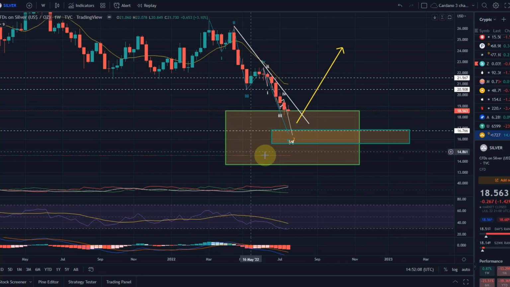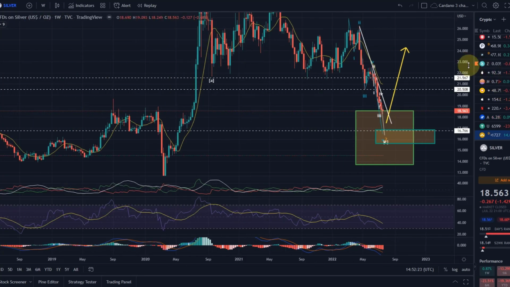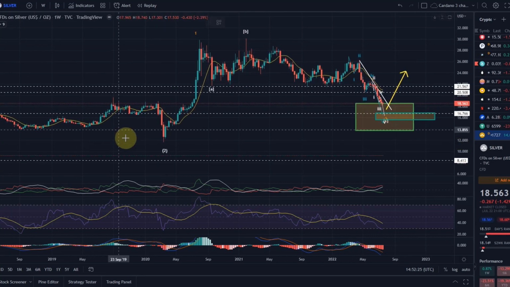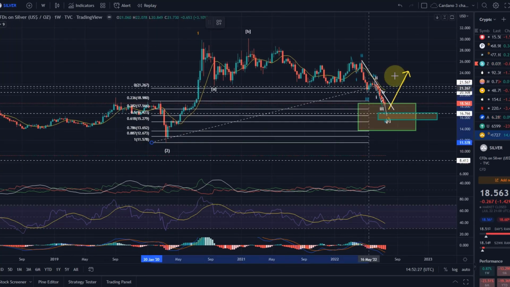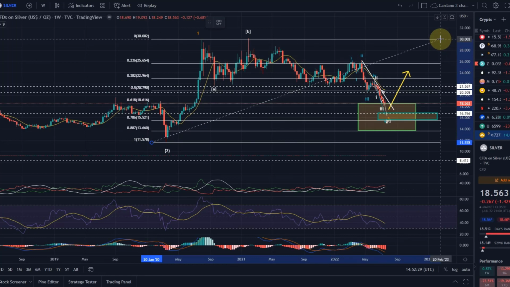I formulated here my target area. I haven't covered silver for that long, but I think we were around $20 when I formulated it. This larger green area spanning between $13.70 and $18.50 is located between Fibonacci retracement levels, which are the most likely Fibonacci retracement levels in a wave 2 that you see.